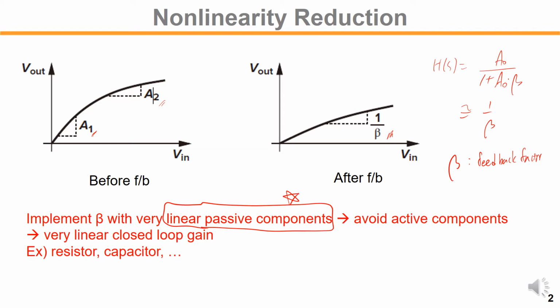If your signal is large, your current and voltage relationships are not linear. So for the feedback, you have to use linear elements like RLC, passive components. All these are used in the feedback. Okay.